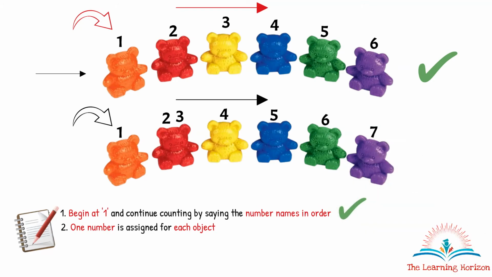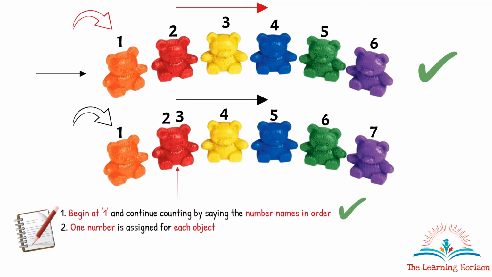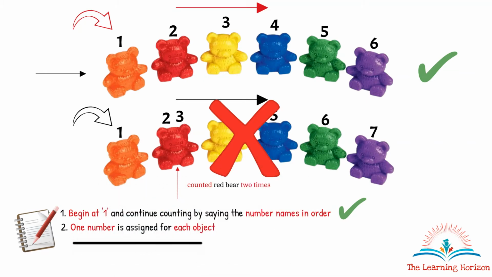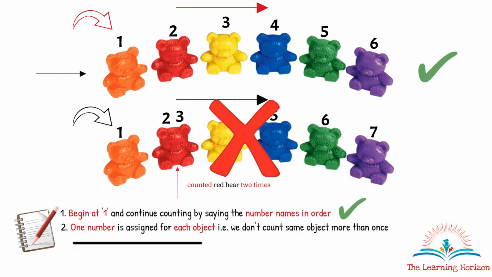But if you see, we have assigned 2 numbers for the red bear, which means we have counted red bear 2 times, and so at the end we get the wrong total. So this is the next important rule that a child needs to understand. That is, only one number is assigned for each object. We don't count same object more than once.